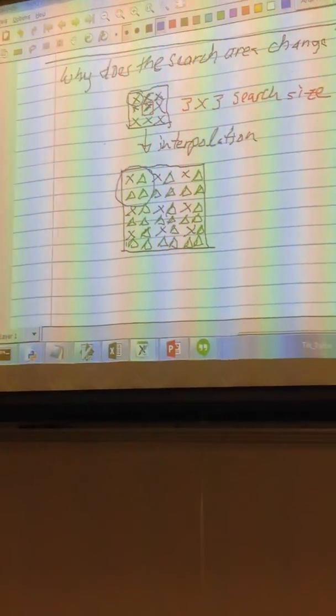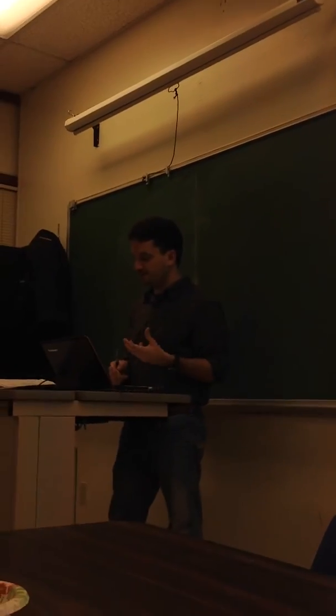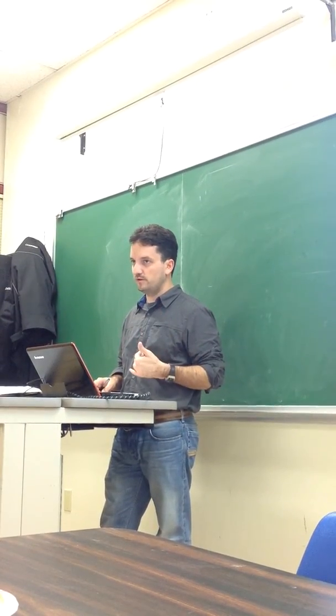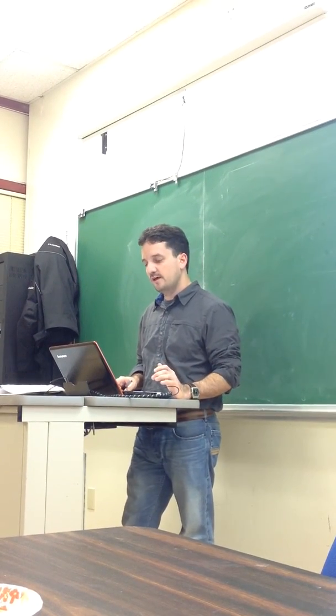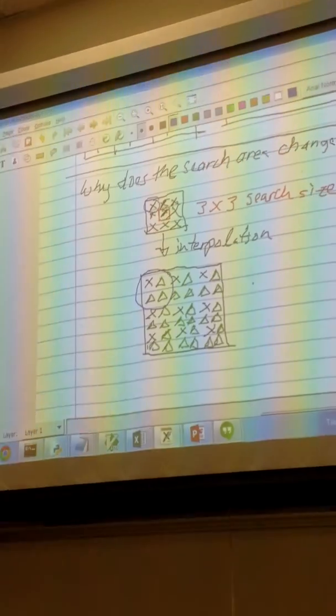That's where the whole search size reduction comes into play. So you start with a 6x6, then the next level will be 3x3, and so on, 1x1, or 1.5 by 1.5, whatever. That's how you continue in this fashion.